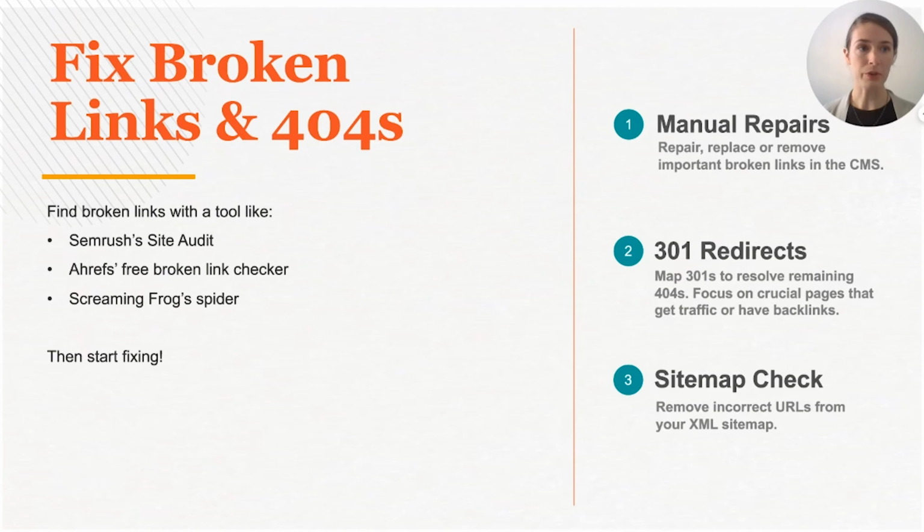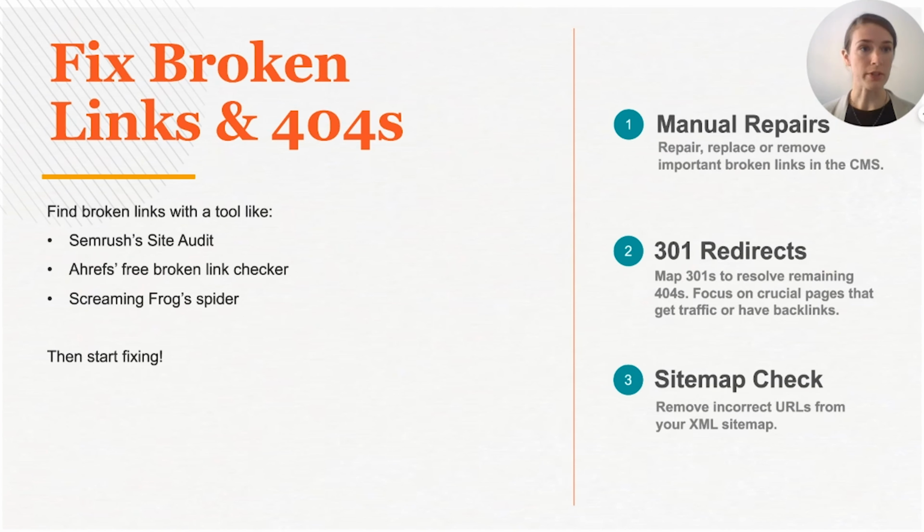Okay, we're starting with 404s and broken links, which you can find with the types of tools that I just mentioned and that are listed right here. You can crawl or audit your website with your chosen tool, and then you'll just be looking for 404 response codes on those URLs, as well as any other 400 or 500 type error.